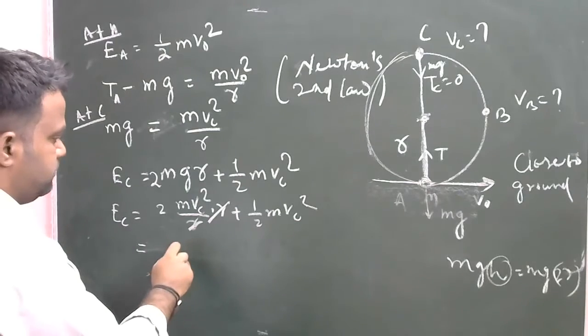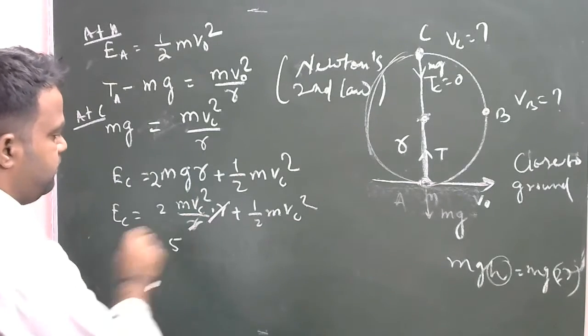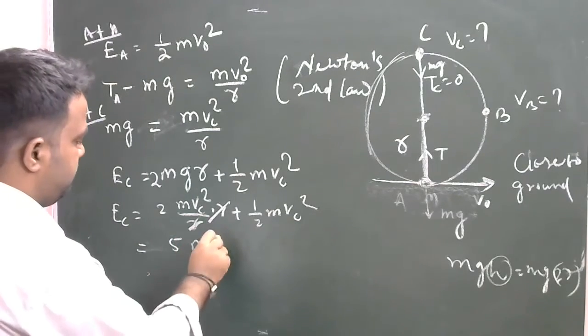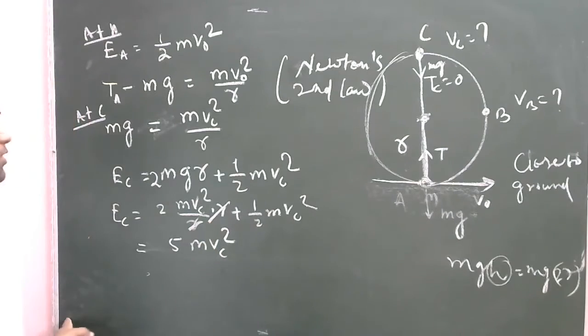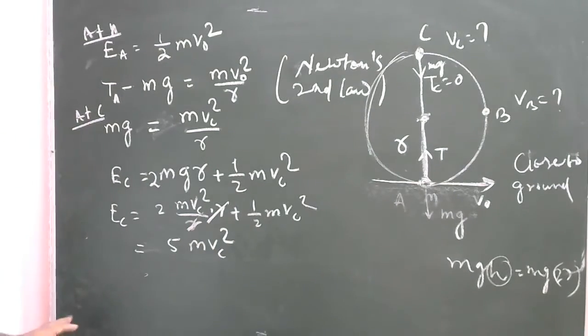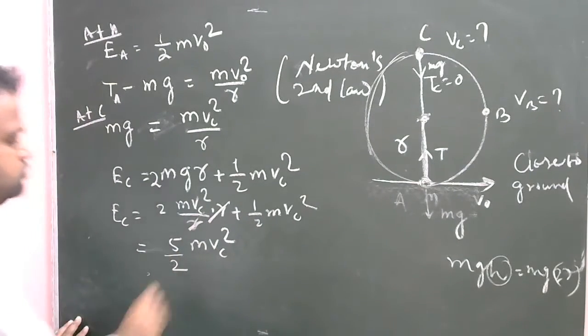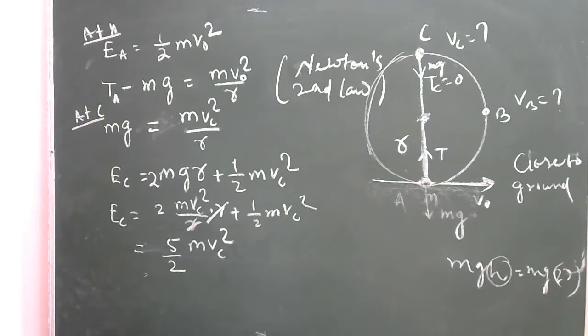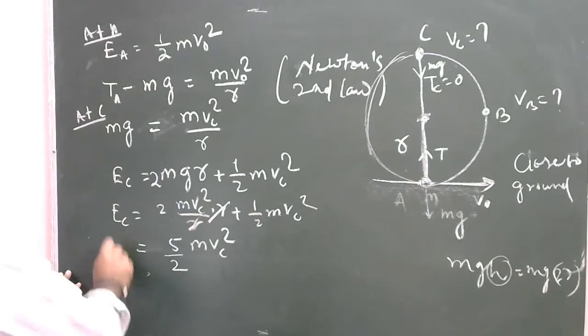So this is your 5 by 2 m vc square. Or you can also write in another way.